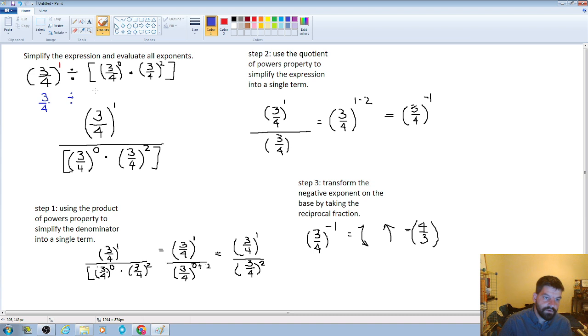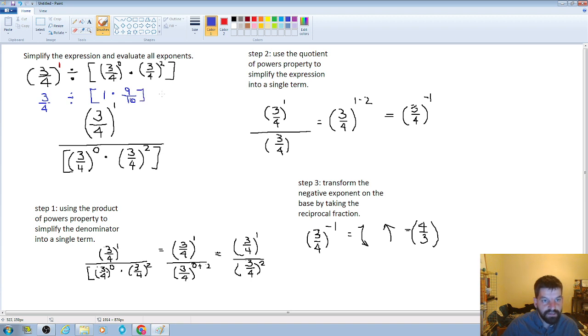And then if you were to evaluate this, 3/4 to the 0 power again applies that 0 power property, which means any base taken to the 0 power is 1. And then if you apply the squaring of the fraction, 3 squared is 9 and 4 squared is 16.